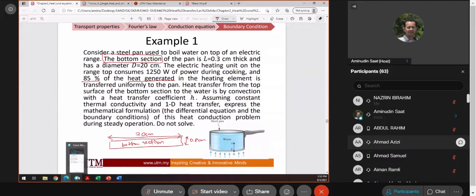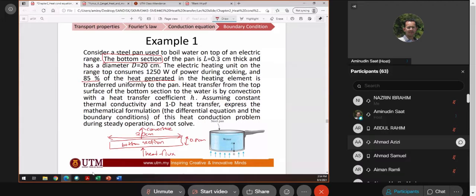There is a heat flux here, and here it is exposed to the water, the liquid. So this is the convective boundary condition.